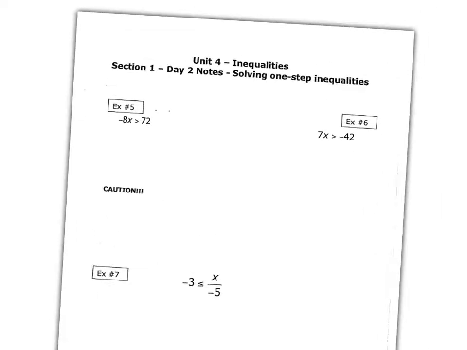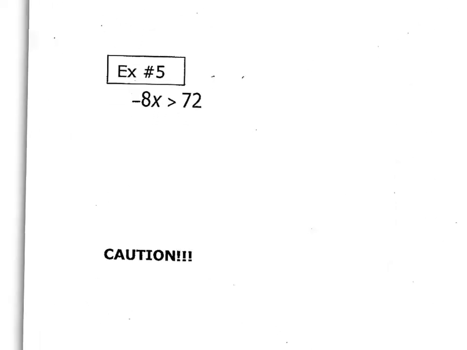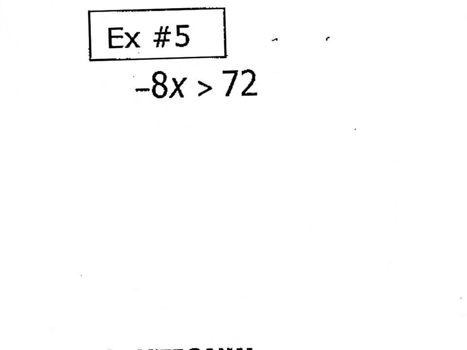Okay, so let's try a few examples that go with this. Let's look at this one first. We have minus 8x is greater than 72. We know that we have to undo multiplication with division. So those negative 8's cancel, and you have x. And what's 72 divided by negative 8? Well, that is negative 9.